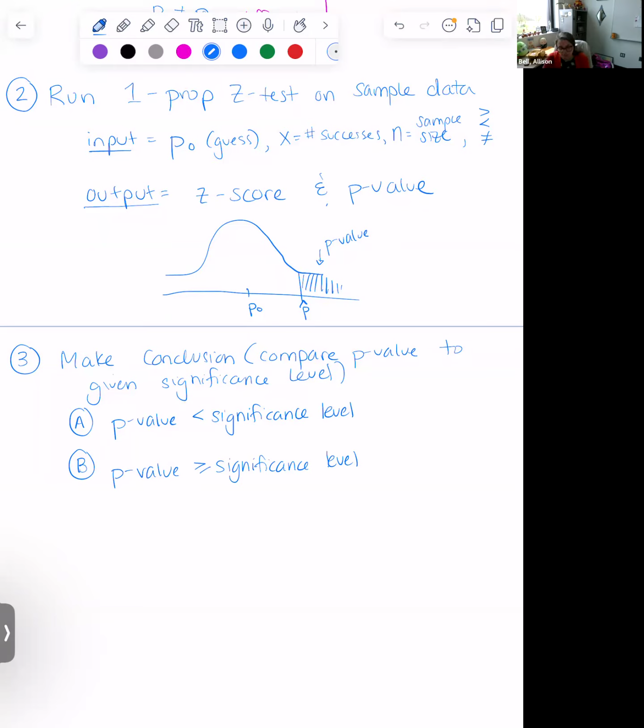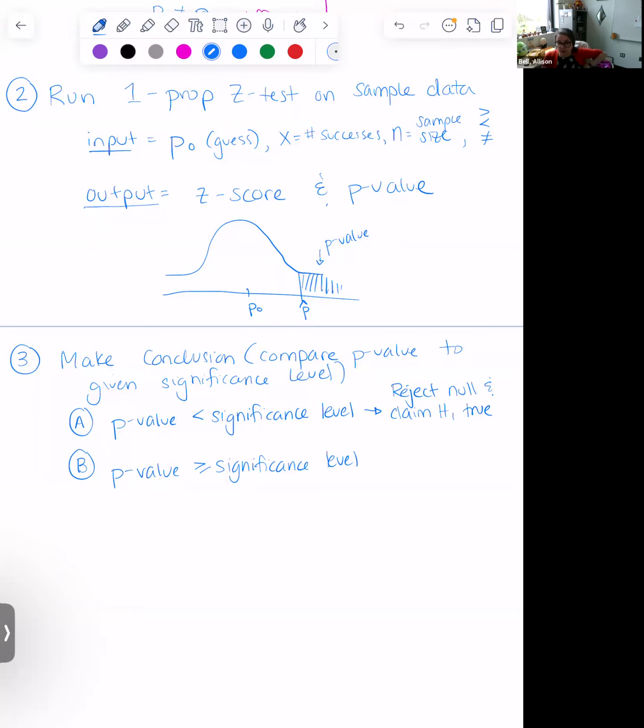So in option A, when we have a small p-value, since you can still see the picture above, the small p-value implies that the sample data is very different from the guess that we were given. And that's a good thing. That will show that something has changed. So in this case, we would actually reject the null hypothesis, and we would claim that H0 is false and H1 is true.